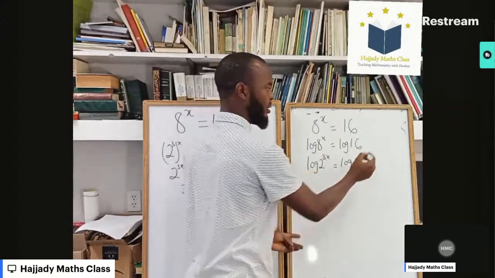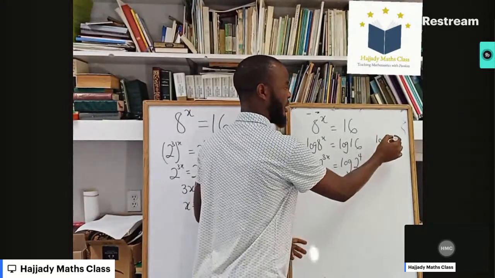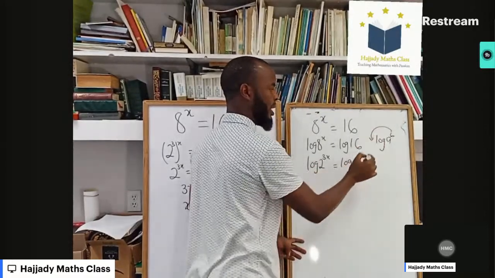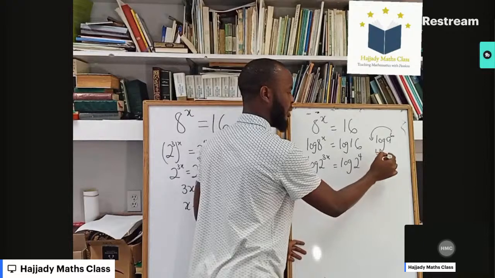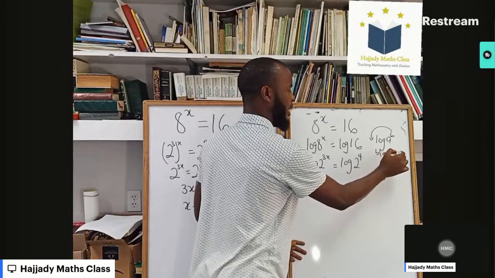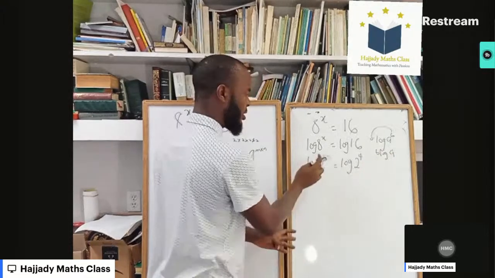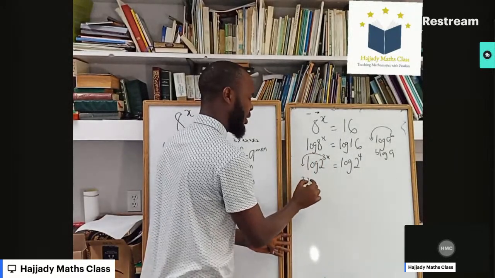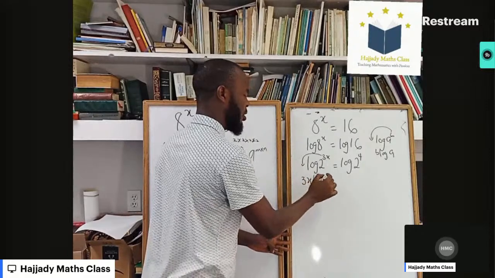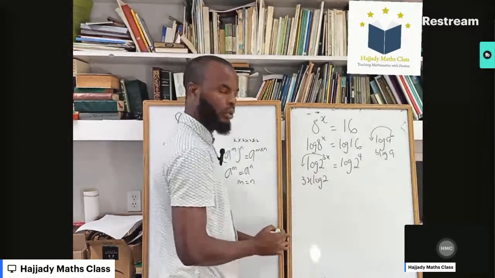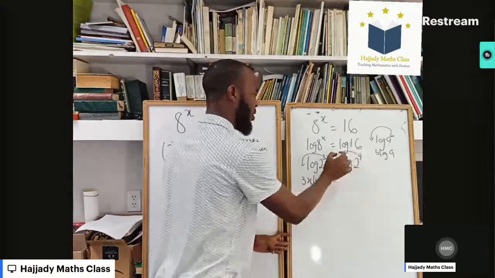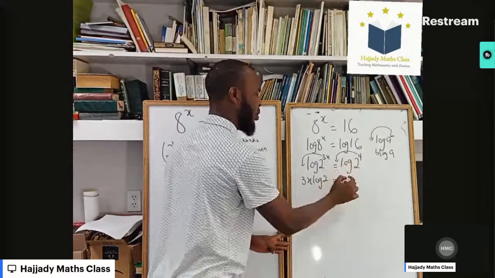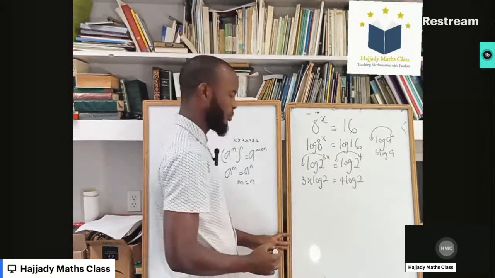The rule of logarithm says that when you have log a to the power of b, then you can easily move your b in front of the logarithm, which is going to be b log a. So do the same thing here, which is going to be 3x log 2 equals, moving 4 down here, 4 log 2.